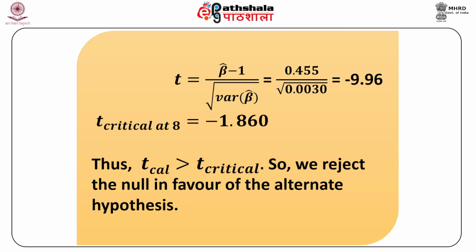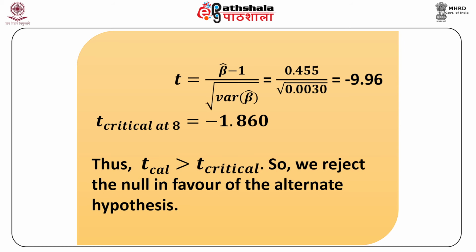Now substituting from our calculations, our numerator is 0.455 and the denominator is the square root of 0.0030, and on simplification this comes out to be minus 9.96, and the critical value for 8 degrees of freedom is minus 1.860.